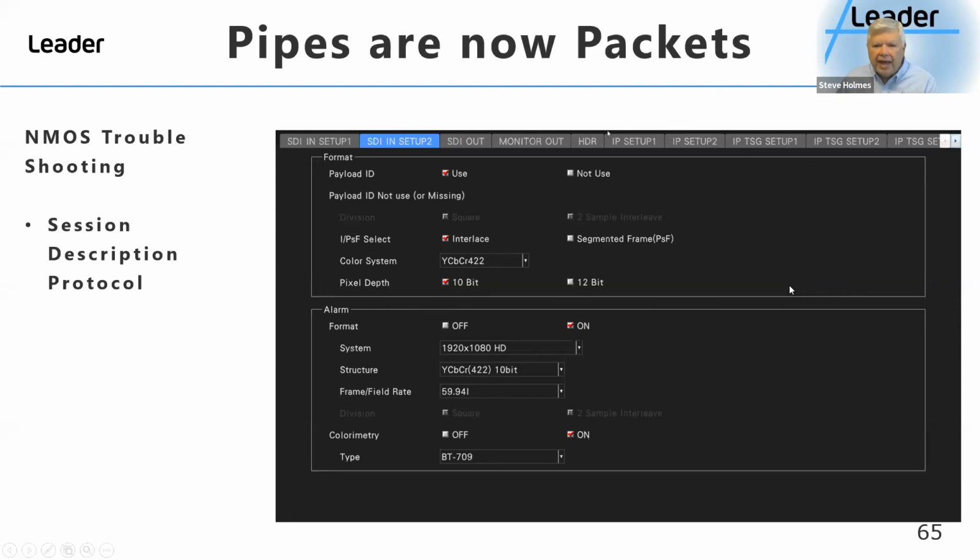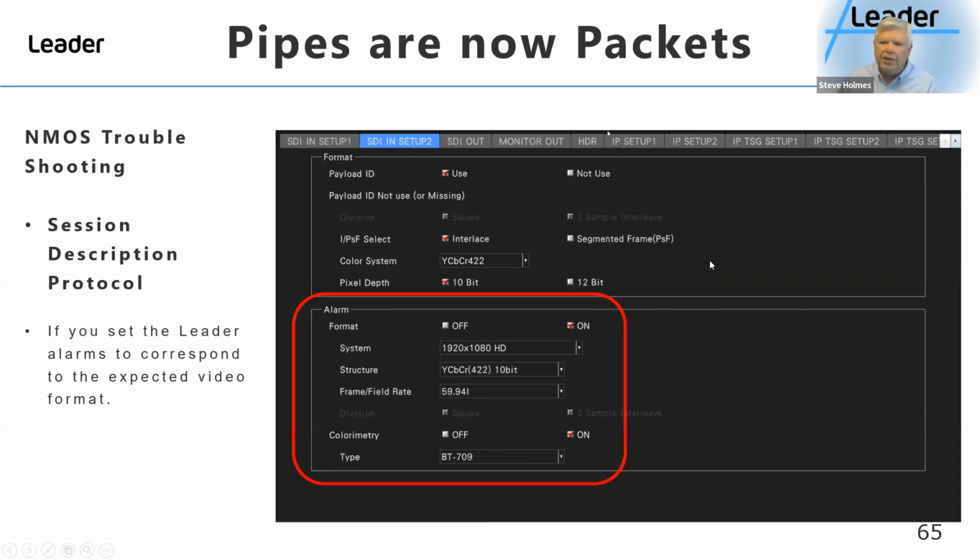So we have the ability to look at this in multiple formats, multiple ways, and actually hard code to say, hey, it has to be this format. If it's not this format, alarm, or turn off the format alarming if you're jumping through many different formats coming in.